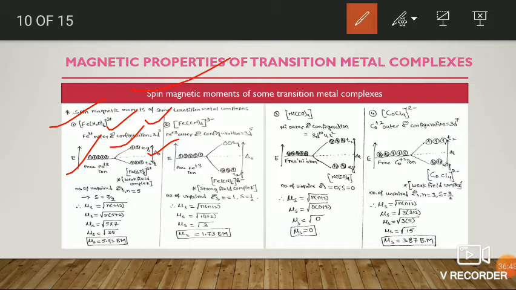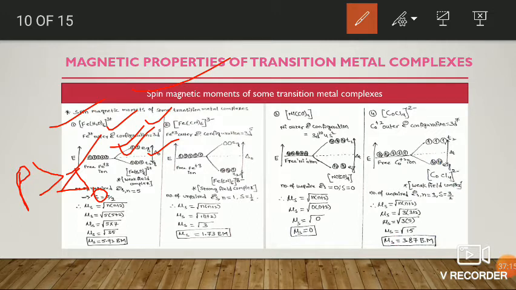So due to the weak field ligand, the pairing energy, if we take it as P, is always greater than delta O. So due to this pairing energy being higher than delta O, the 4th electron as well as the 5th electron easily enters into the EG set.